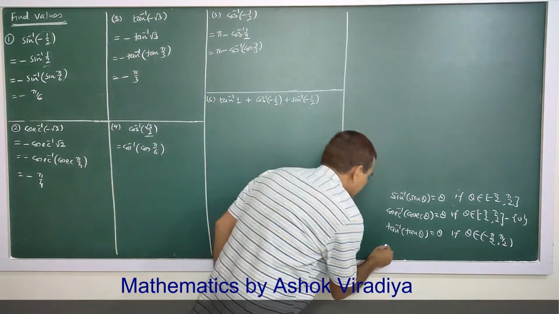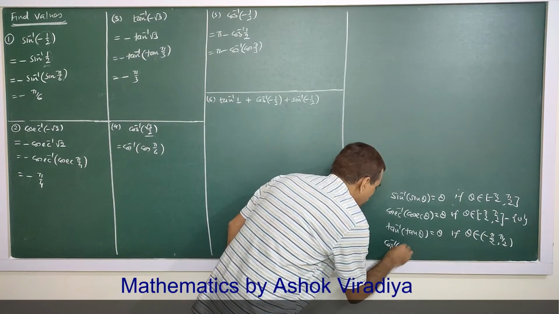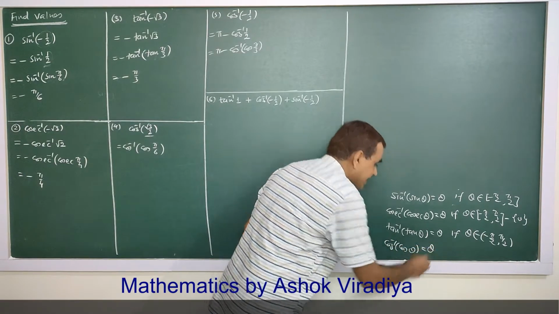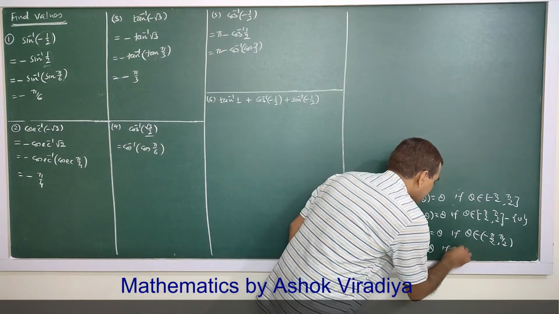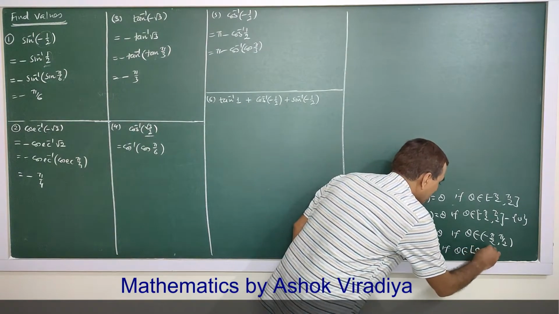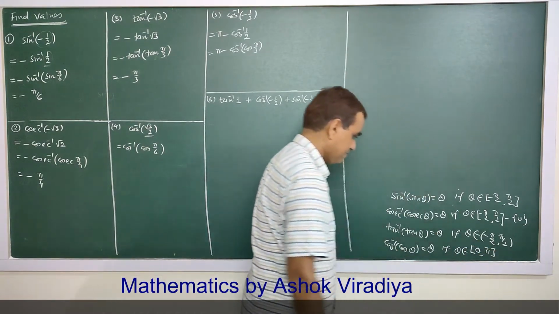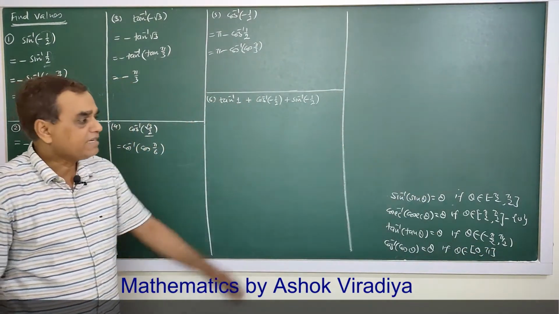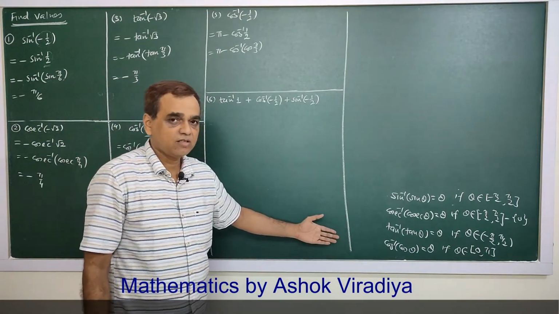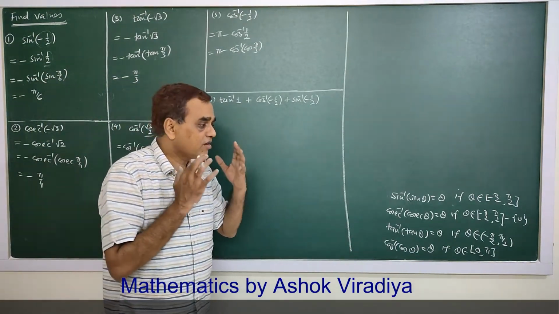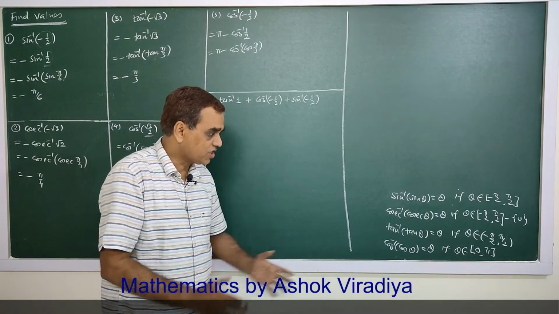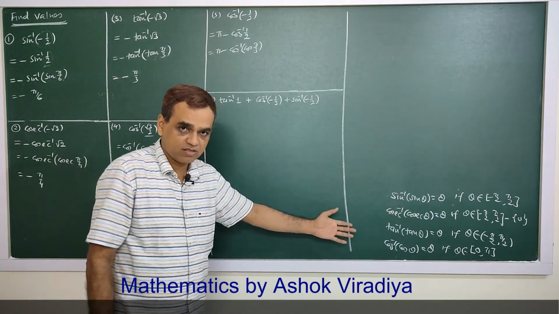Cos inverse cos theta is theta if theta belongs to the closed interval 0 to pi. So very important properties during the whole chapter. In many questions we shall use these properties.